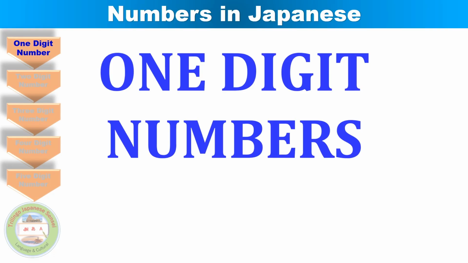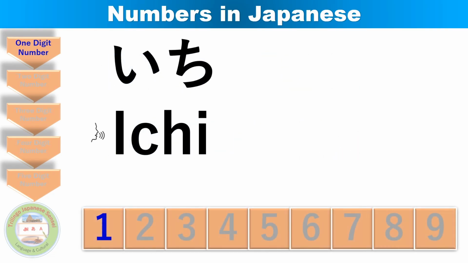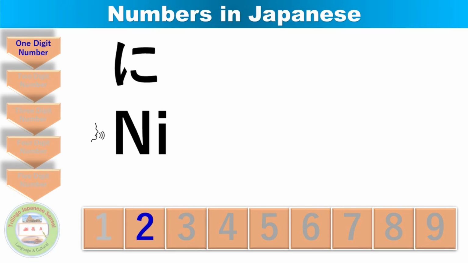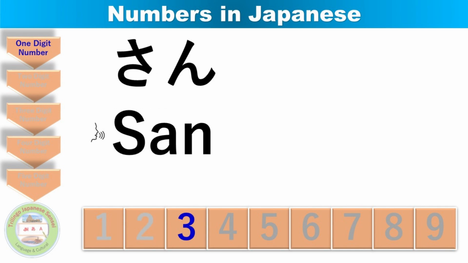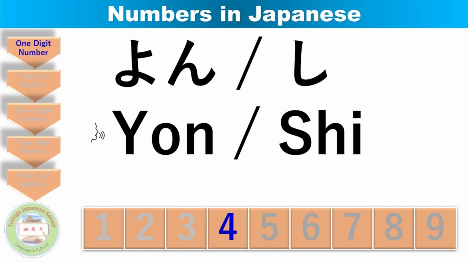Okay, to begin with, 1 digit numbers. The first one, ichi. Ichi means number 1. Ni. Ni means number 2. San. San means number 3. Yon or shi. Yon or shi means number 4.